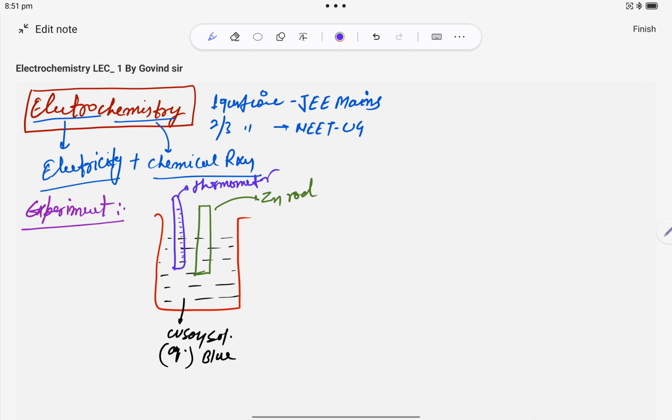So this kind of setup is there: copper sulfate solution, thermometer, and one zinc rod.